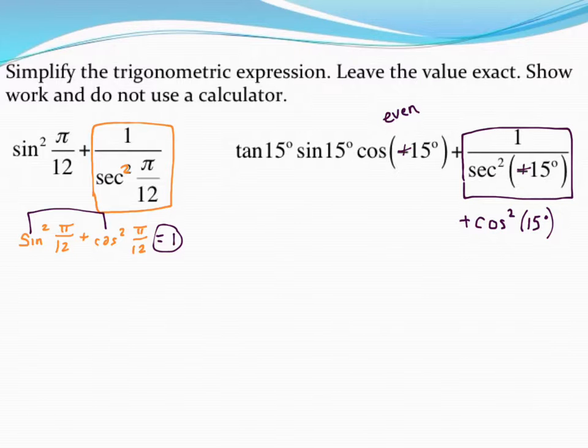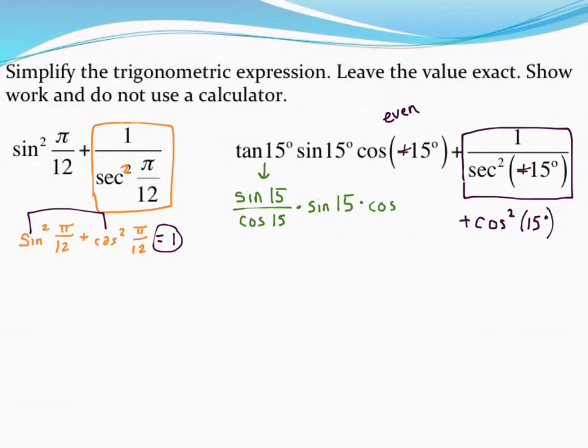Okay, so that part's not too terrible. Let's take a look at this first piece. I'm going to start by rewriting tangent using my quotient identities. Recall from the last video that tangent of 15 is the same thing as the sine of 15 degrees divided by the cosine of 15 degrees. Then let's see what happens. I'm going to leave the other two pieces the same. You may not know to do that, but I know what's going to happen once we do this.